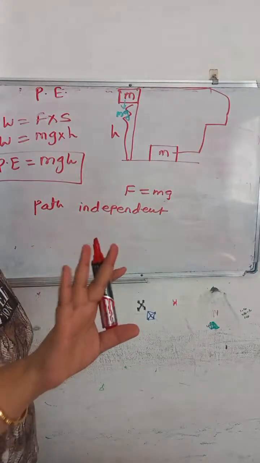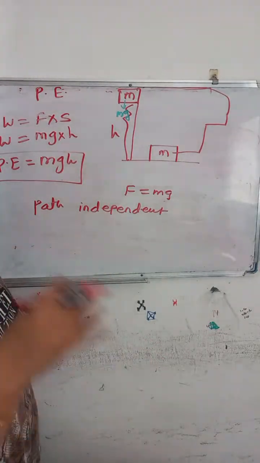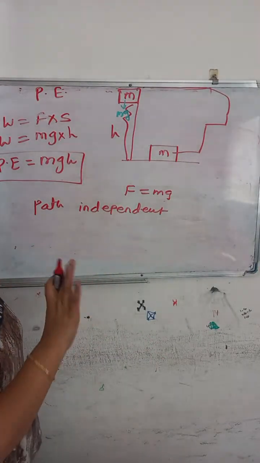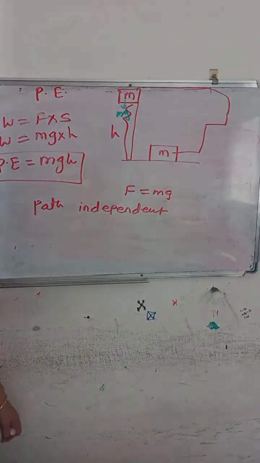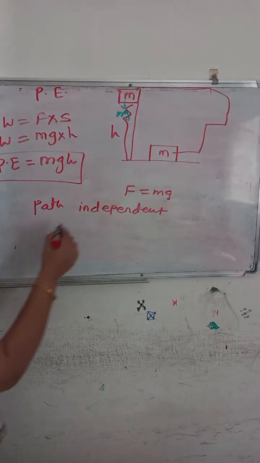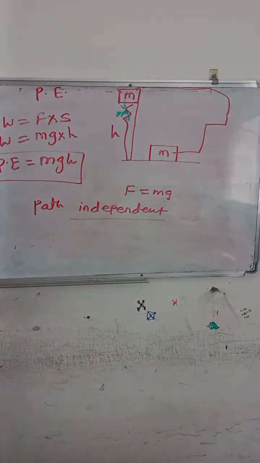It doesn't matter what path or road it follows, as long as it is raised to a certain height, that is the potential energy. Say I want to reach from my home to school. Number of ways are there. You can choose any one, but your work done or your potential energy will remain the same. It is path independent. Understood? This statement is very important. Maybe they will ask this as an MCQ.